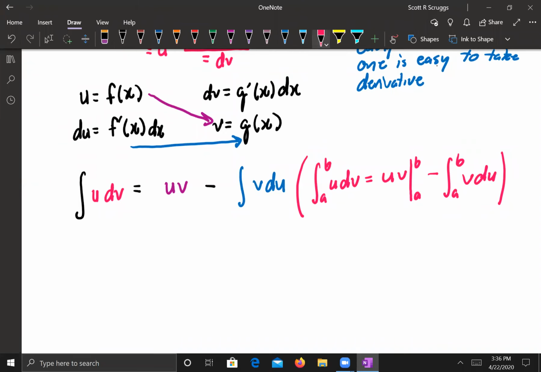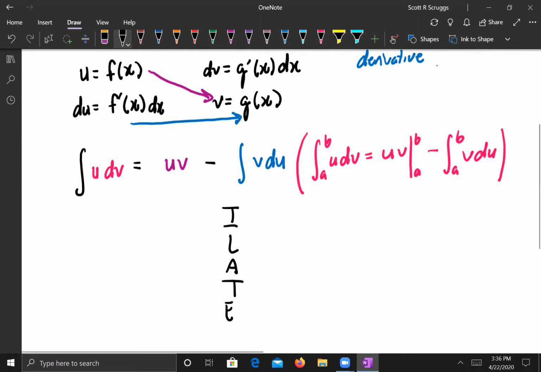And if you always want to think of which takes priority for what I want to choose for u, and what to choose for dv, that's where that acronym ILATE will come into play. I stands for inverse trig function. L stands for logarithms. So I'll write that down.